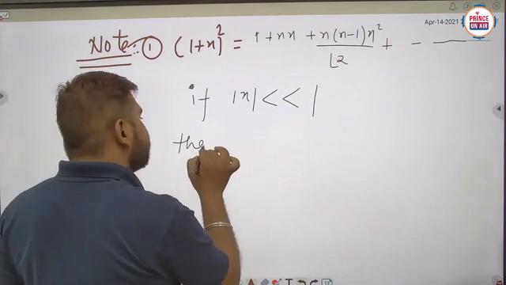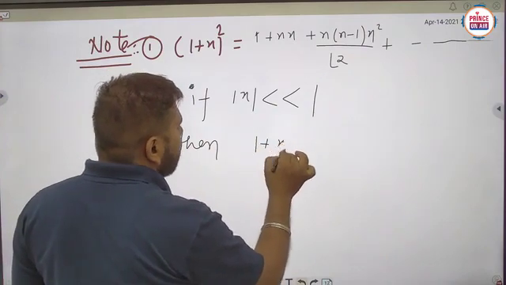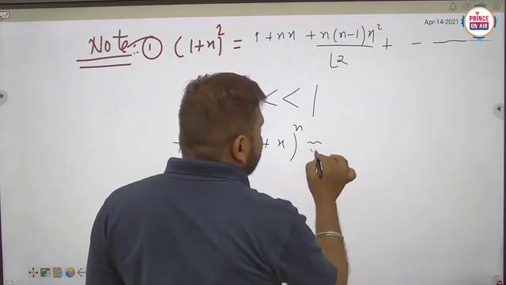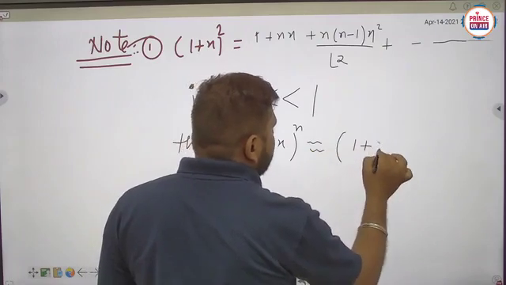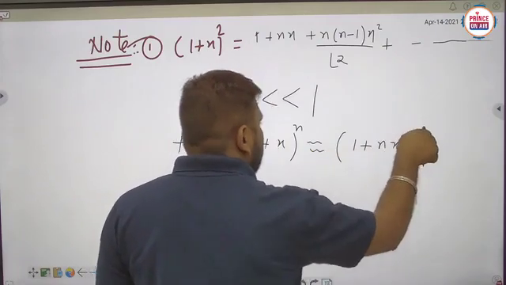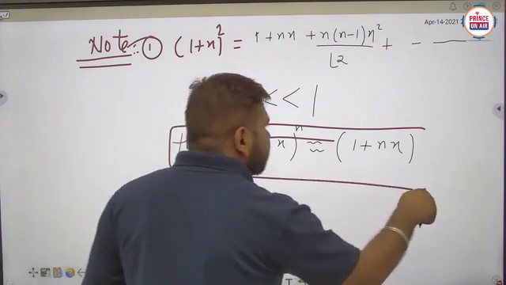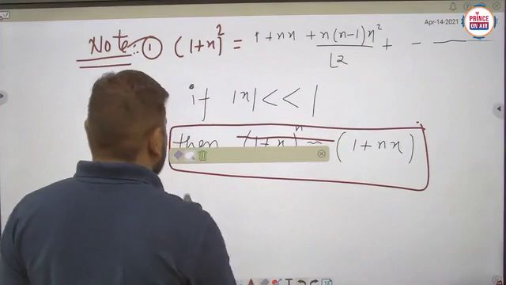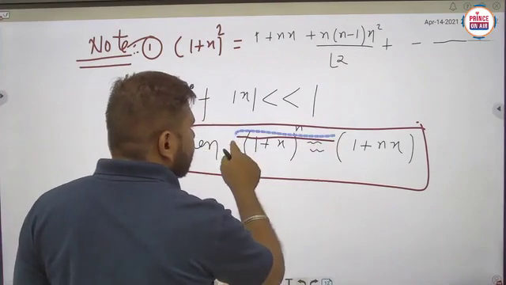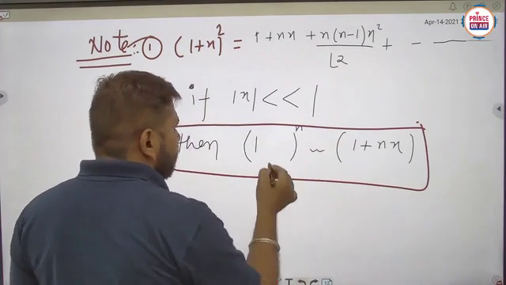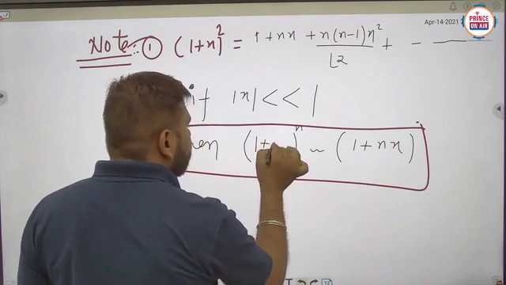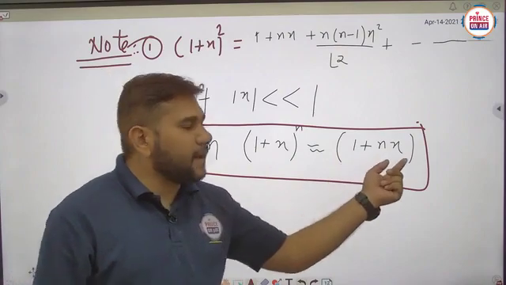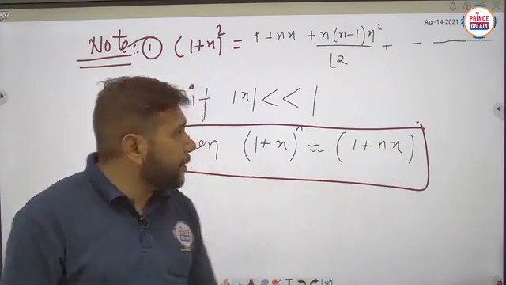Mod of x means the magnitude of x, the value of x, is very less than 1. Then (1 plus x) to the power n can be written directly as 1 plus nx, and we used the same concept in the previous question. In which condition?